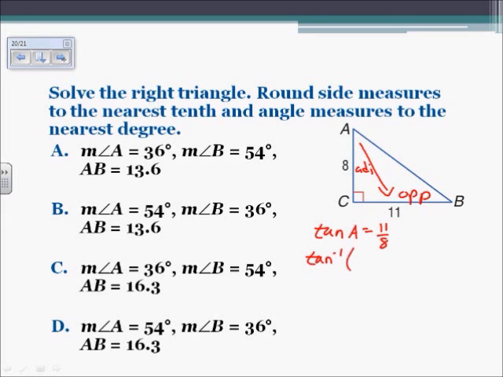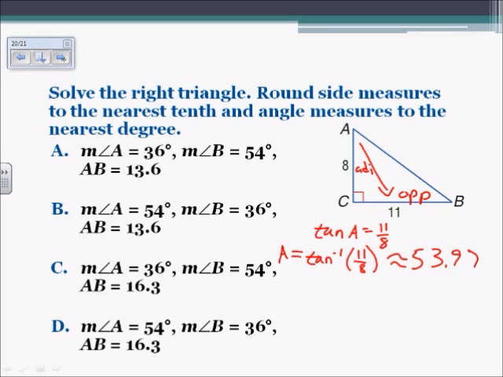That leaves us with tan inverse of 11 over 8 is equal to A, which is approximately, if we take our calculators and type that in, tan inverse of 11 divided by 8, approximately 53.97. So that is for angle A.